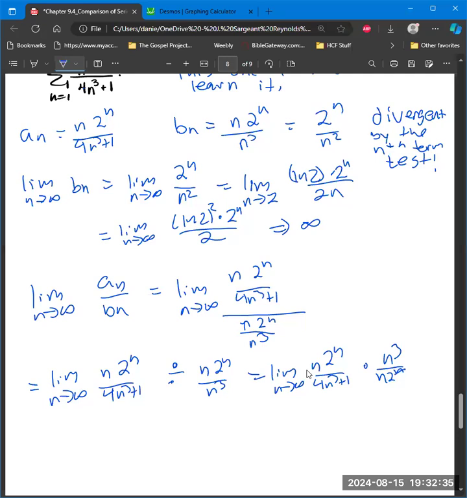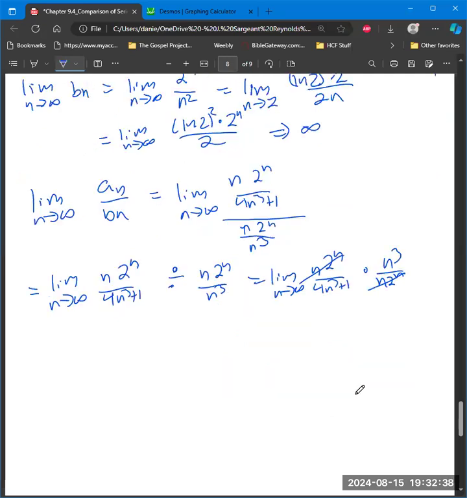So this and this cancel each other out, and I'm left with the limit as n goes to infinity of n cubed over 4n cubed plus 1. And this is going to be equal to 1/4.